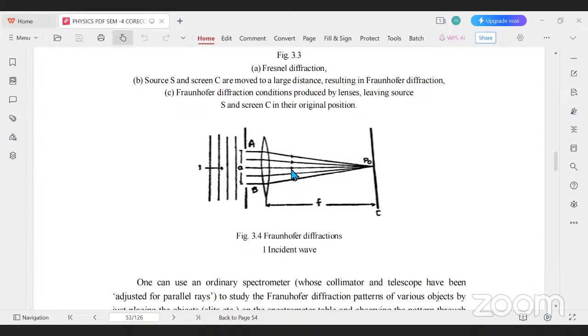So the diffraction patterns of the various objects come and collide with each other. At this point, they are able to see that it is combining. All the waves traveling through the lens are transmitted and collide at one single point. So this is what happened with the incident wave, and they could observe it.